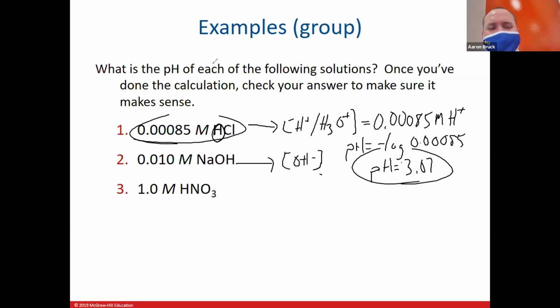Question we would ask ourselves is, does this make sense? Well, we're dealing with hydrochloric acid. It's an acid. Not only is it an acid, it's a strong acid. And even though the concentration is relatively low, a strong acid is going to have a pretty acidic pH, and 3 is definitely going to fall into that category.